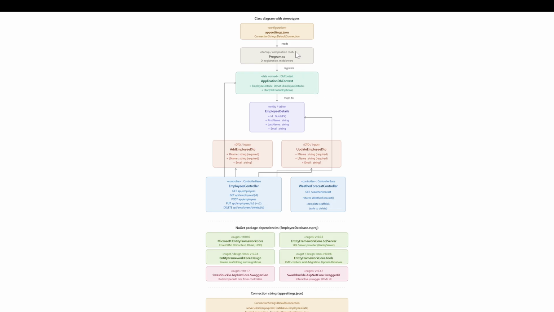It will register the connection to the database in the Program.cs file, and it maps to the EmployeeDetails class. It maps all the fields in this class. As you can see, EmployeeDetails will have ID, first name, last name, and email. Just for demonstration purposes, I have just created these properties.